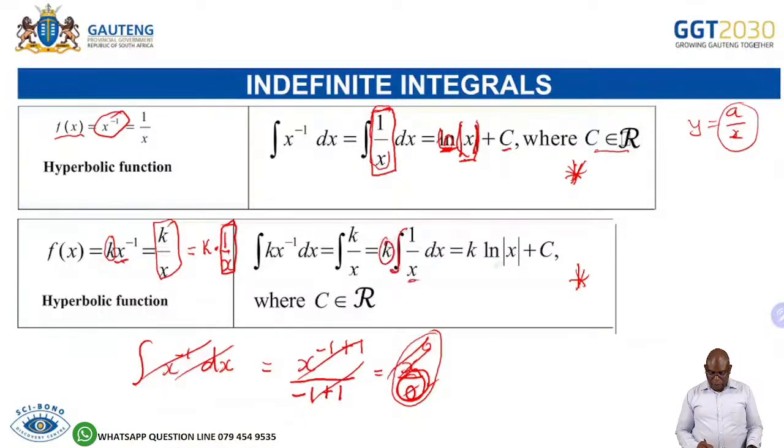Then this one will be the ln of x, multiplied by that k. So if I've got a 2 here, it will be 2 ln of x, and then plus c. We can still put brackets in there. These two rules are very, very important. We must learn them, know them and understand them.